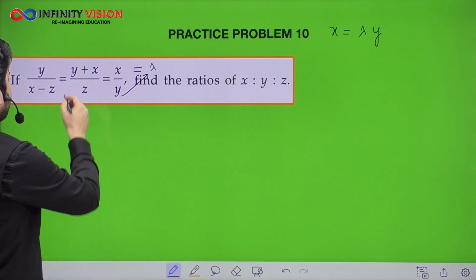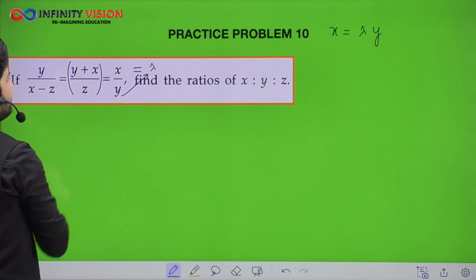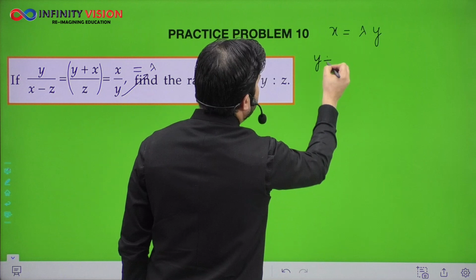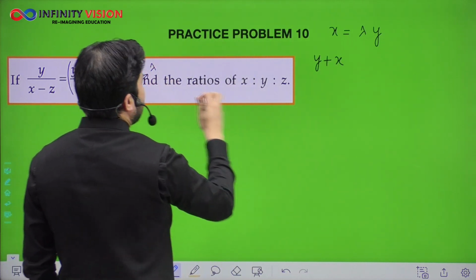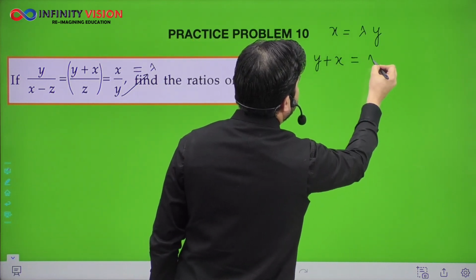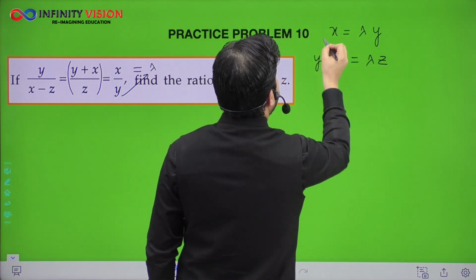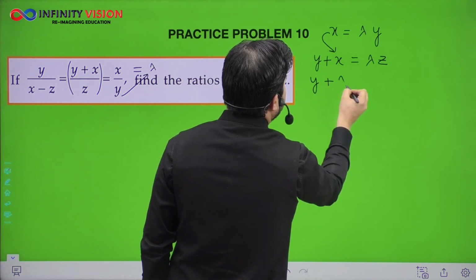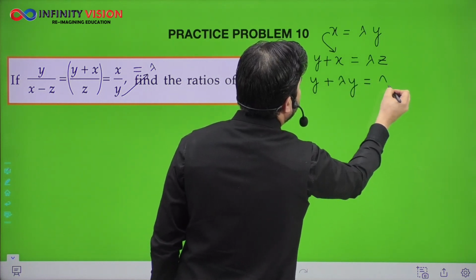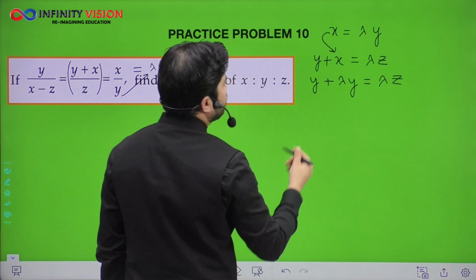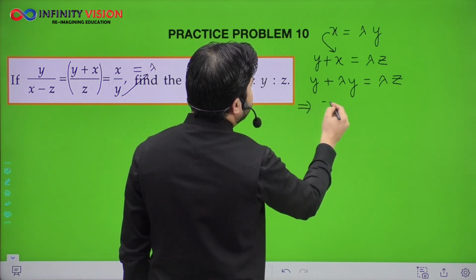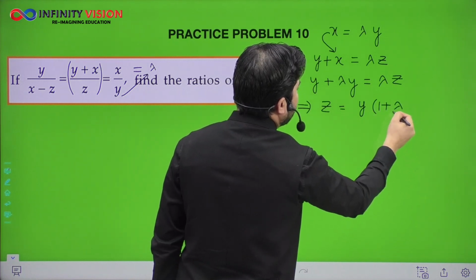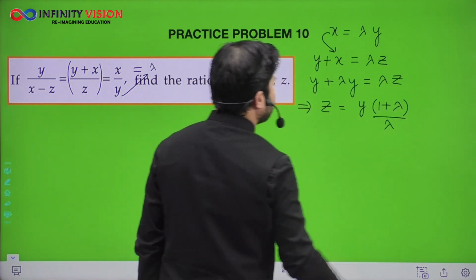Now if I look into this equation, I can say y plus x is nothing but lambda into z. Now I know x is nothing but lambda y, so I'll write y plus lambda y is equal to lambda z. So z is nothing but y into 1 plus lambda upon lambda.